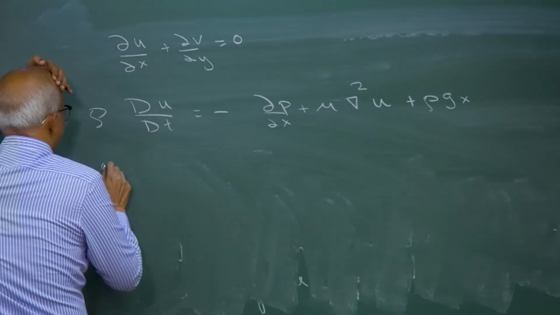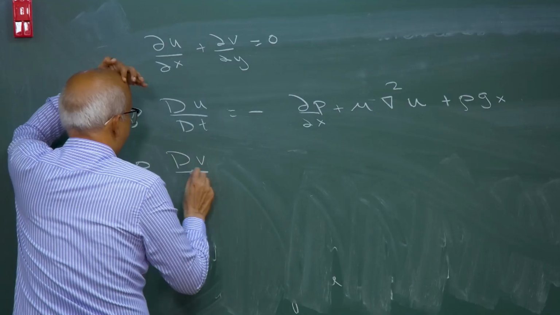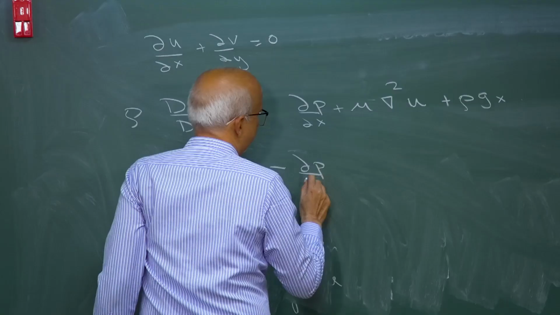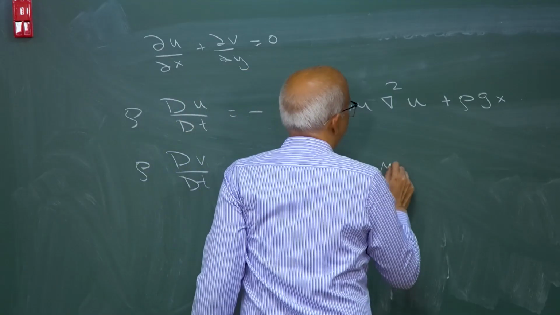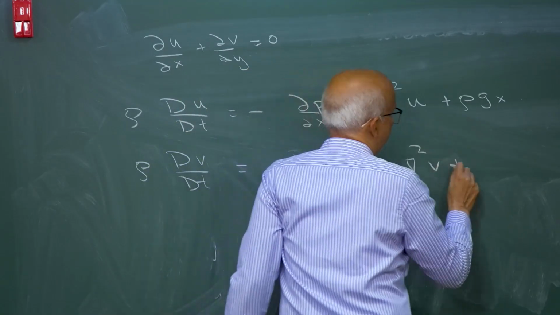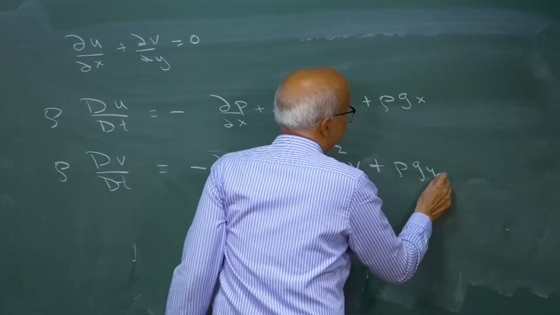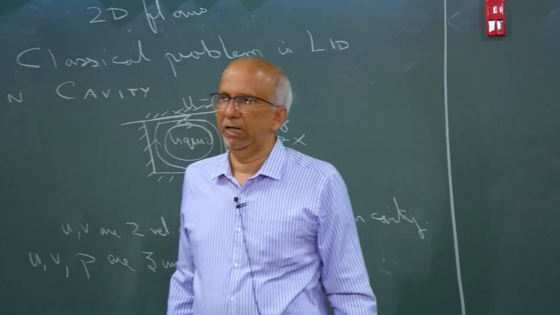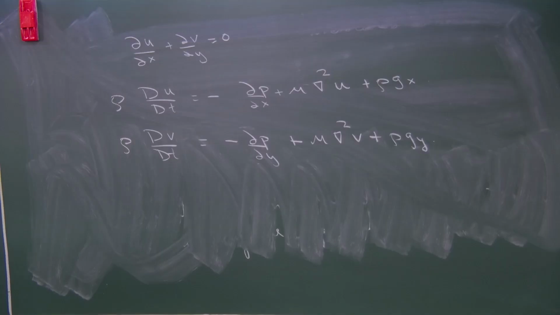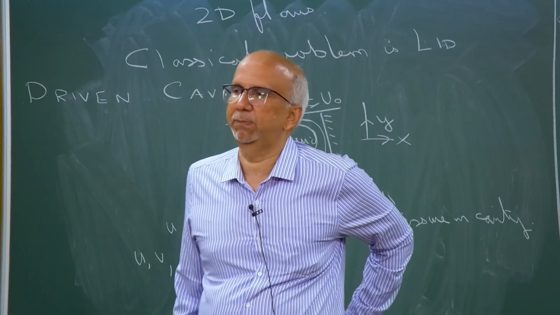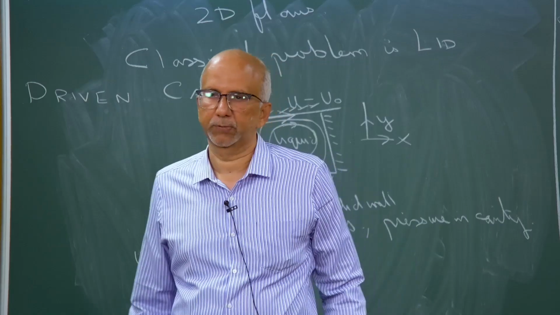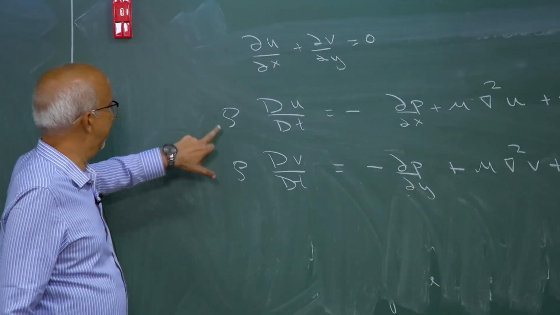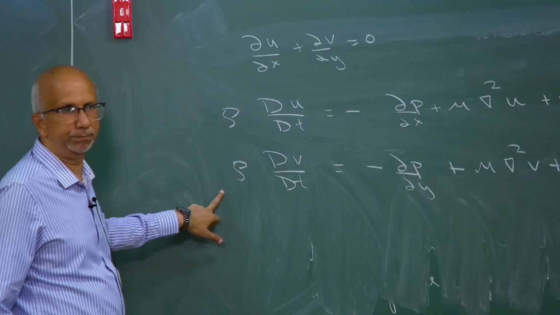And then this is the y momentum equation, rho dv by dt equals minus dp by dy plus mu del square v plus rho gy. All I have done is written the Navier-Stokes equation, okay, and I have just written the left hand side as a material derivative, this partial derivative of u with respect to time plus u dot del u, okay. So, continuity, x momentum, y momentum.